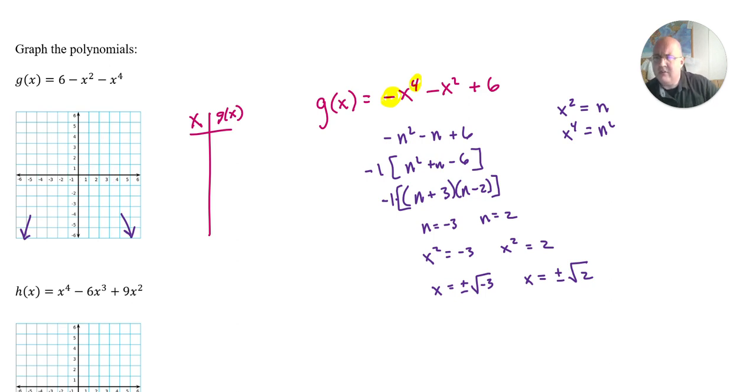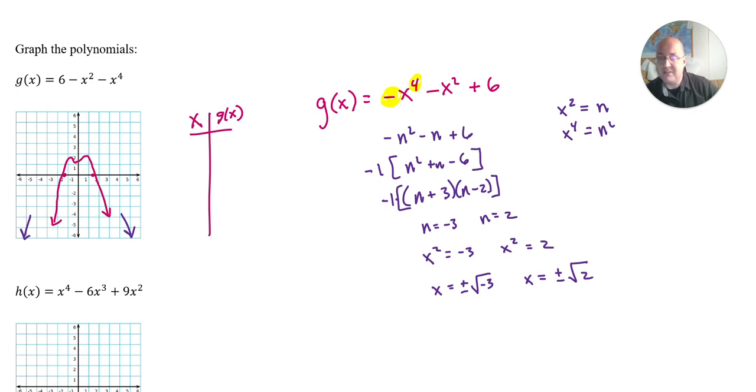So now I know that there are 2 roots here at -1 point something and +1 point something, but there's 2 roots that don't exist. So my graph is going to go up across the x-axis, and then it's going to come back down, but it's not going to hit the x-axis again because I don't have 4 roots, I only have 2, and it's going to go up, and then it's going to come back down again.